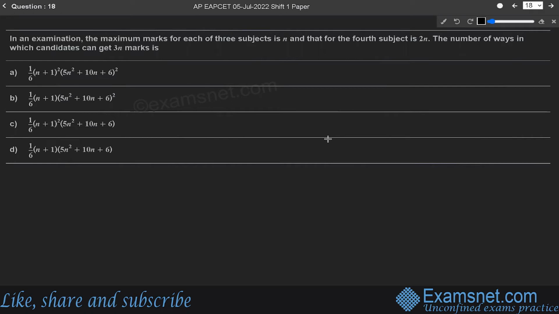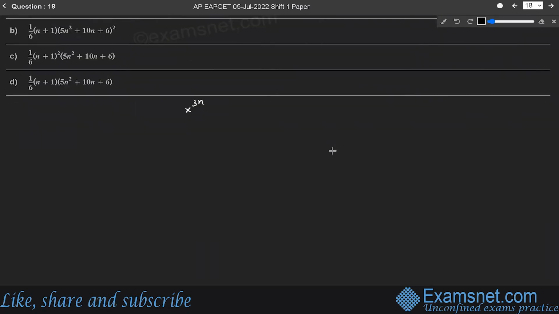This is equivalent to finding the coefficient of x power 3n in (1 plus x plus so on up to x power n) whole cube into (1 plus x plus so on up to x power 2n).